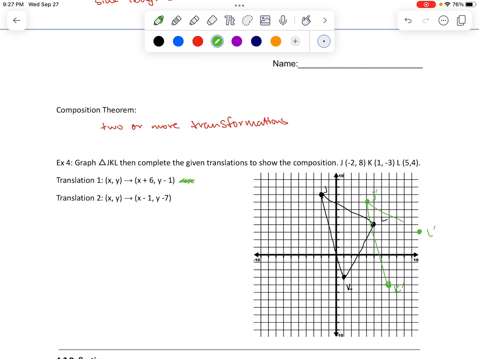This is translation 1. Now, when you're doing your composition, you're not going to go back to the original. Now you're going to do the second translation with your image points. This is now going to be a double prime. So all of these coordinates have to go left 1 and down 7. So I'm going to start with J prime. Left 1, down 7.